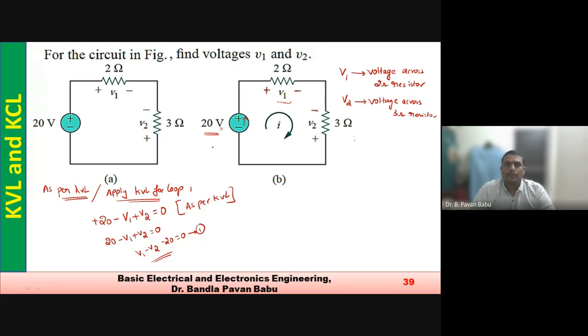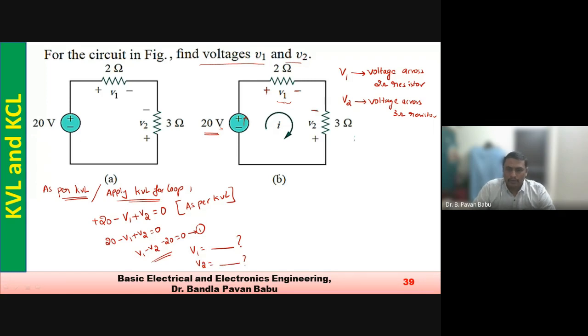In the problem they have mentioned the voltages across V1 and V2. So we need to find out what is the value of V1 and what is the value of V2.